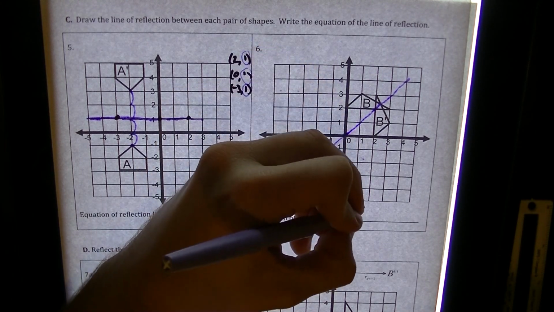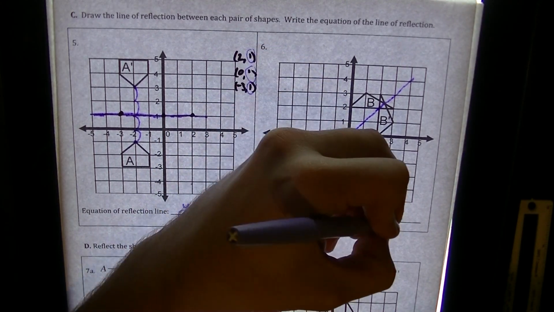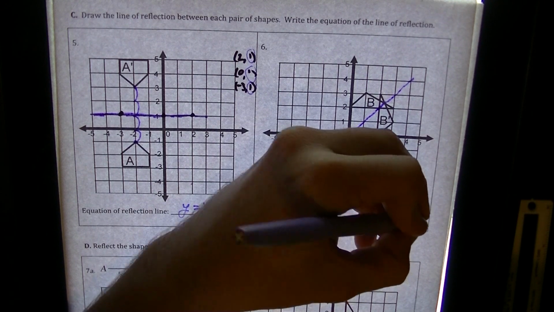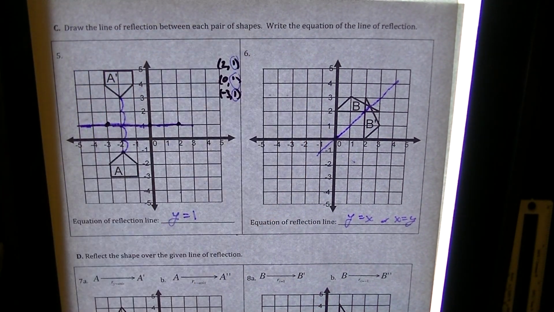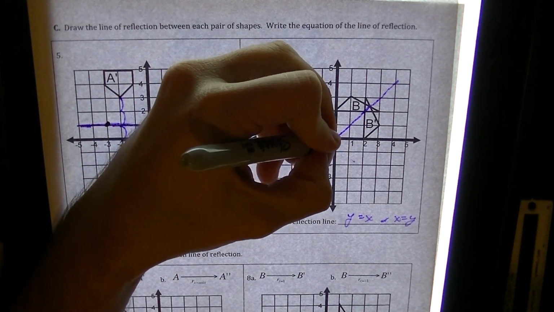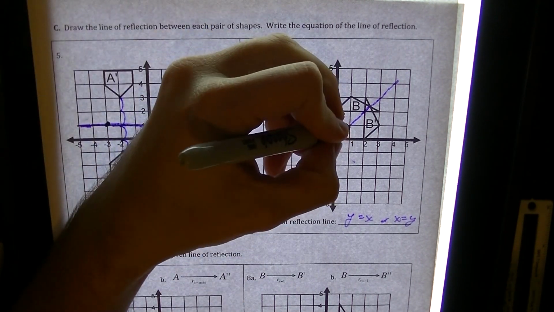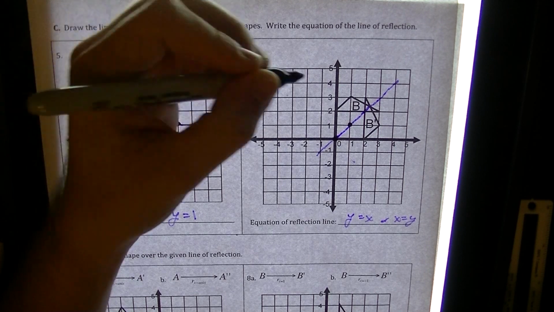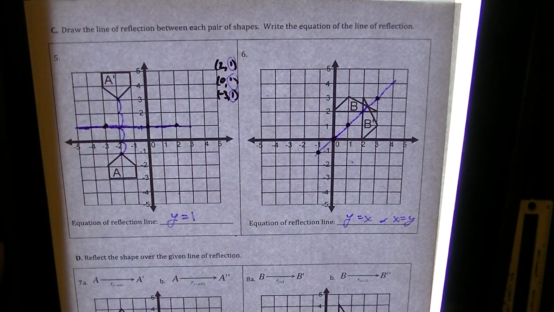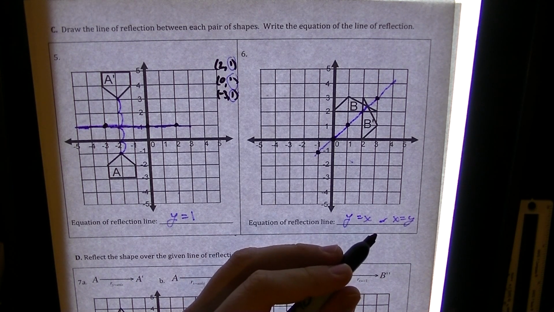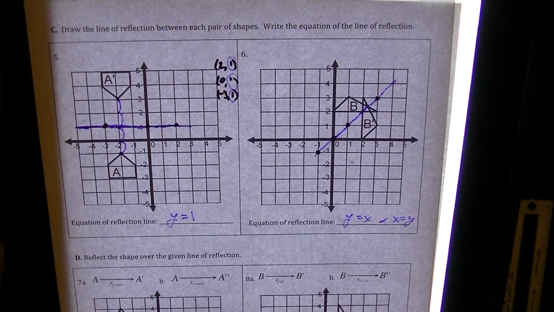And the name of this line is the line y equals x, or x equals y. That's because if I look at the coordinates of each point on this line, I can see that it's the points 0, 0, y is equal to x, 1, 1, x is equal to y, 3, 3, -1, -1. Every single time my y and x values are the same, so the name of this line is y equals x, or x equals y.